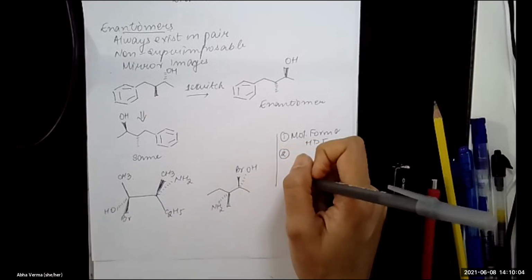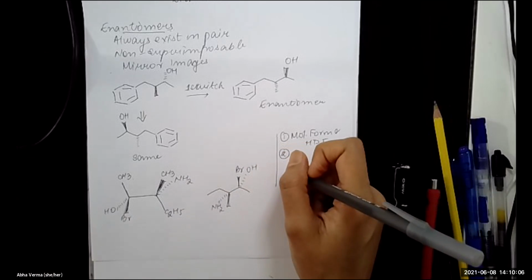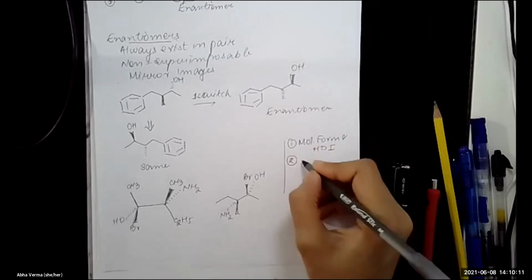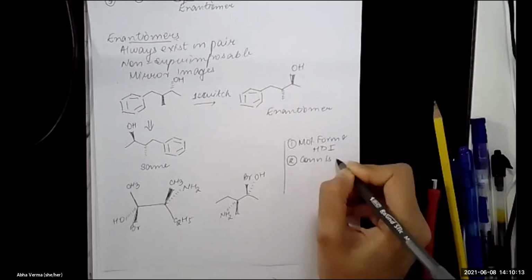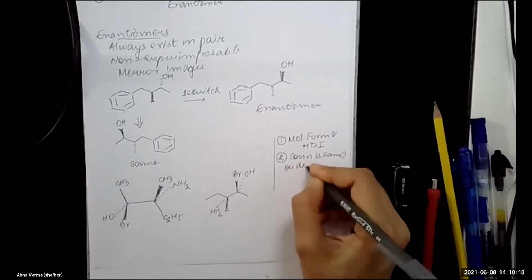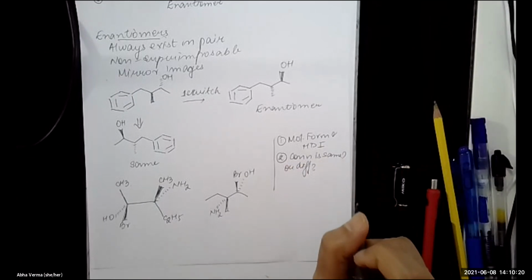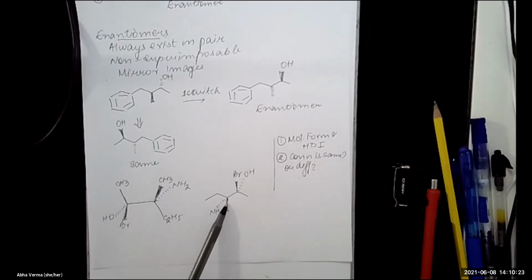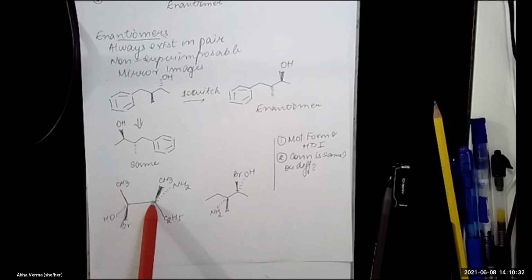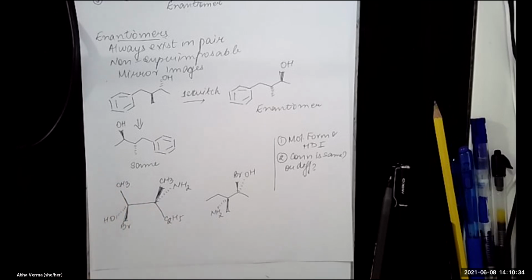Then, what is the next step that we will do? We will have to make sure that the connectivity is the same or different. And if the connectivity is exactly the same, let's see how it is the same. Will I be counting my number 1 from this chain, or will I be counting my number 1 from this end?